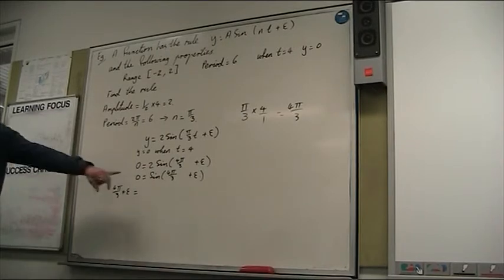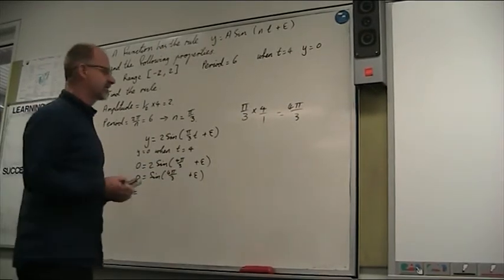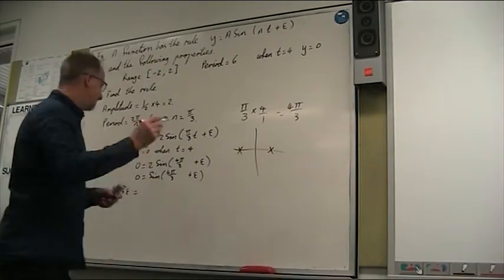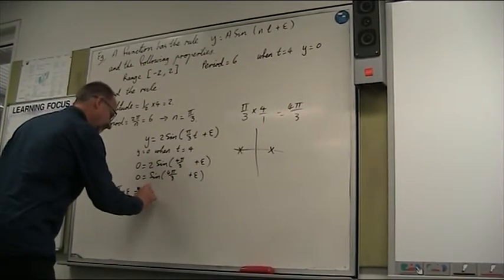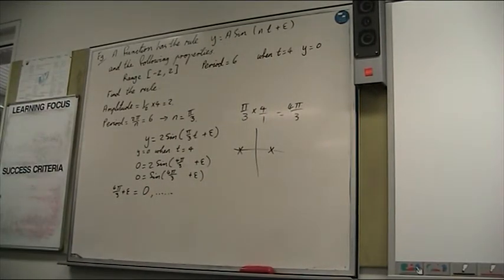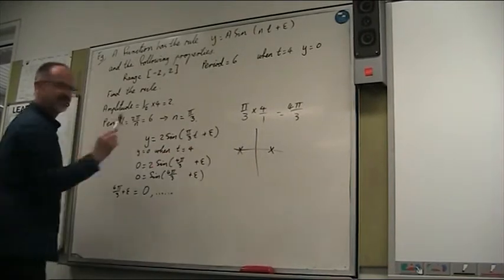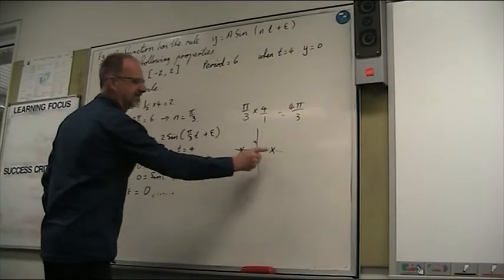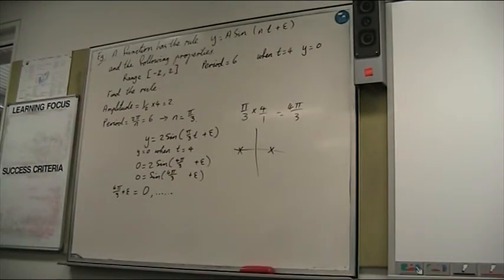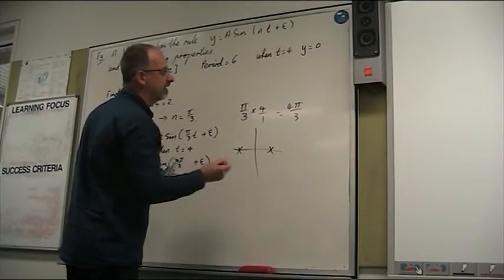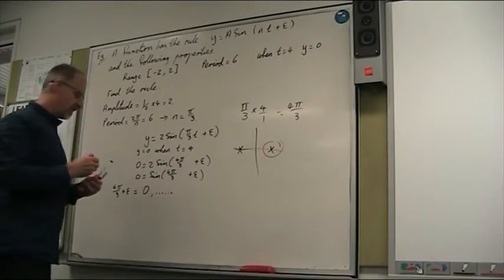So we're looking for angles where the sine is 0. Where is sine 0? Over here and so on. In this particular case, we're just after one value of that, so we only need to worry about this one here. We're not going to worry about the pi and all the rest of it.